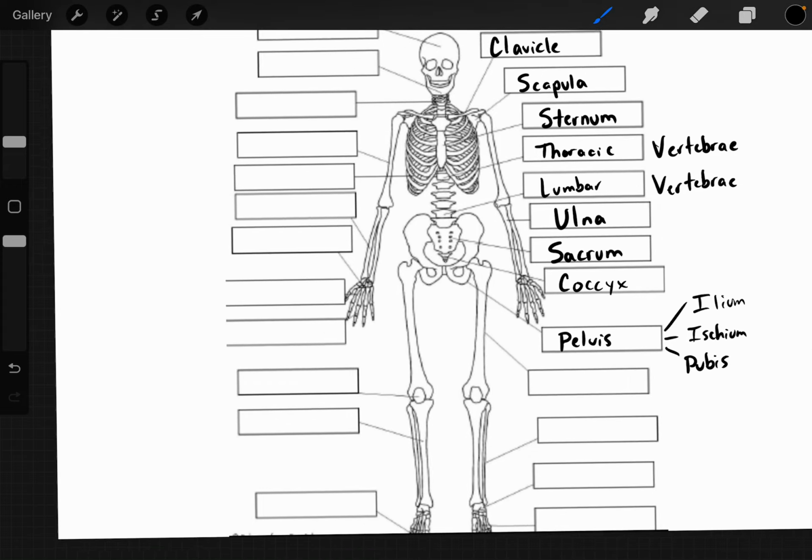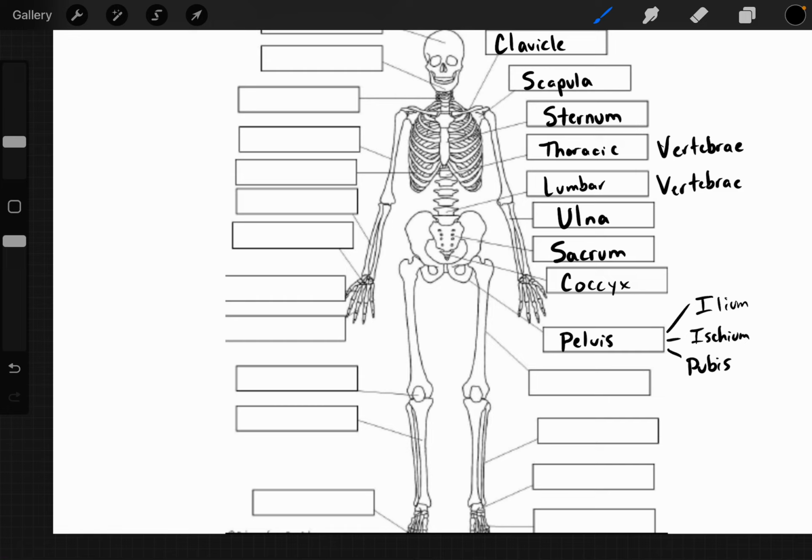So as we continue on, the main long bone in your thigh is the femur. Next one, it's a small bone in your lower leg. It is known as the fibula.